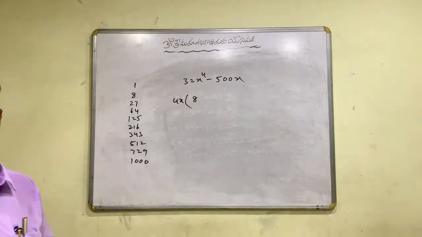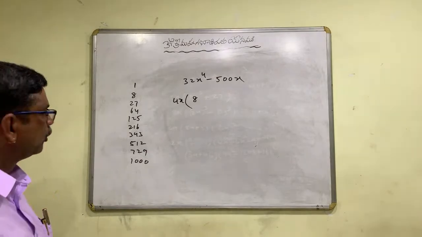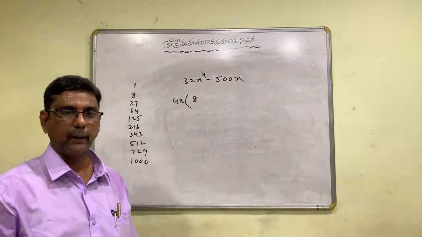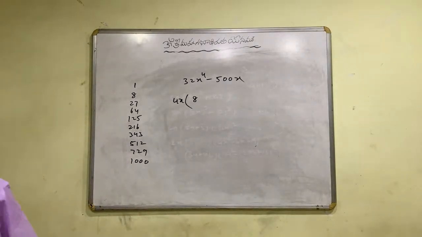These are perfect cubes. First 10 perfect cubes. Everyone should know all these. It is a must, children. If you know all the perfect cubes, then you are able to do these problems in a simple manner.